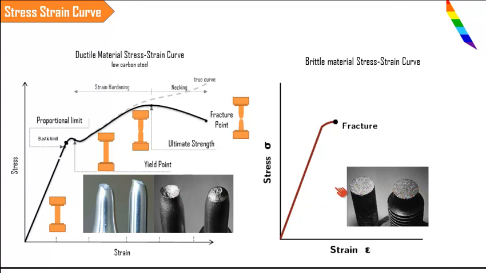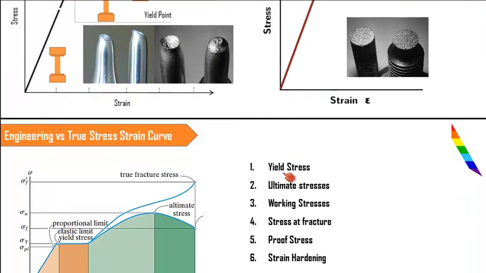A clean cut-through kind of failure happens in brittle materials. So simply by looking at the failed specimen, we can easily say what kind of failure has happened in the material. And this is how you have to read the stress strain curve of ductile as well as brittle material. Now let us go and see what are the other salient points.